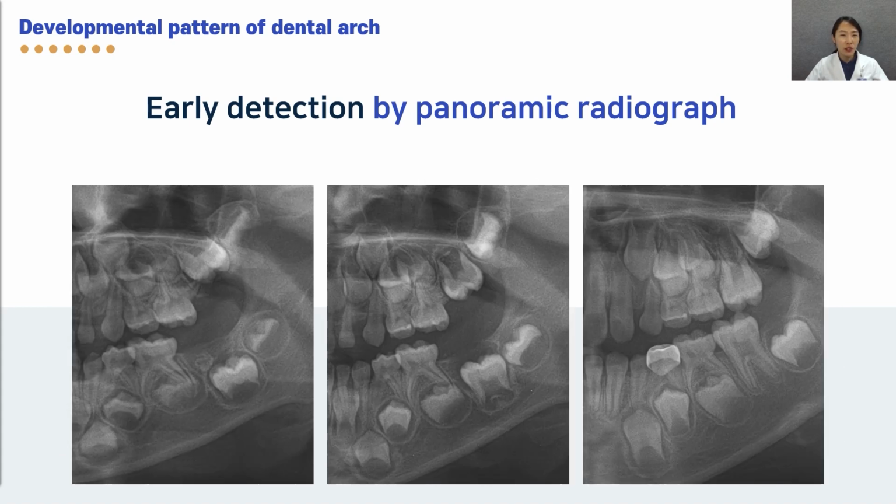Because the patient was too young to endure surgical procedure, surgical removal of the radiopaque lesion was done under general anesthesia. The lesion was removed in time before the first molar began to erupt, so the tooth erupted normally without any additional surgical or orthodontic procedures.